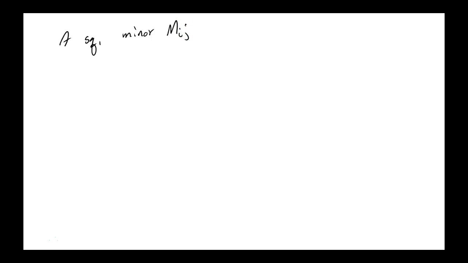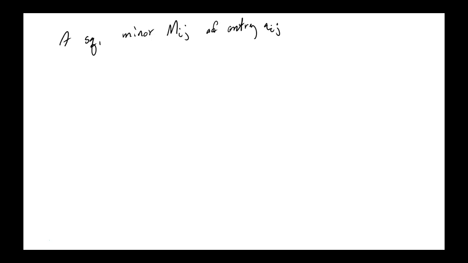Now they didn't tell you what A was, just a square matrix, but we're using the i's and j's just like we did before. I is related to rows and j is related to columns. But the minor Mij of the entry Aij. Now I know exactly what that is. That's the entry that's in the ith row and the jth column of matrix A.